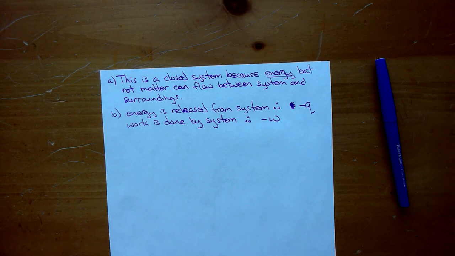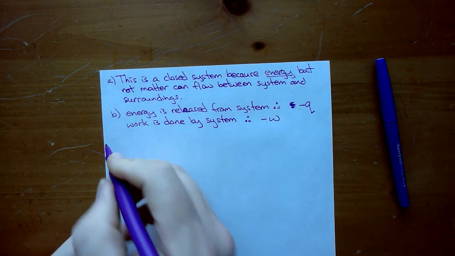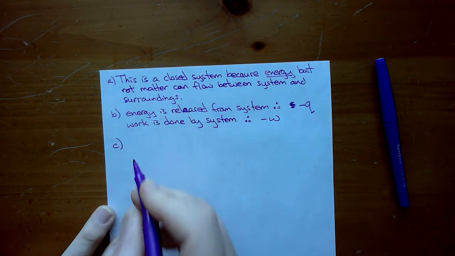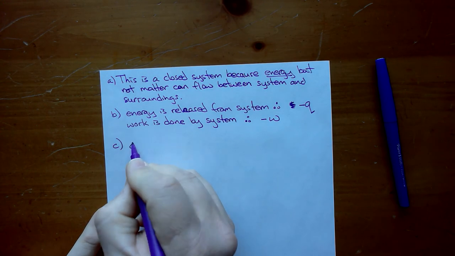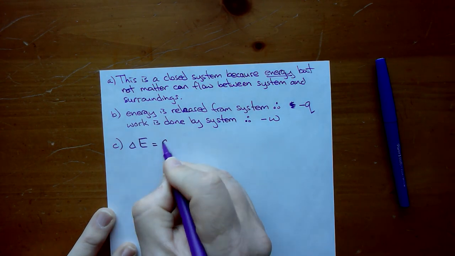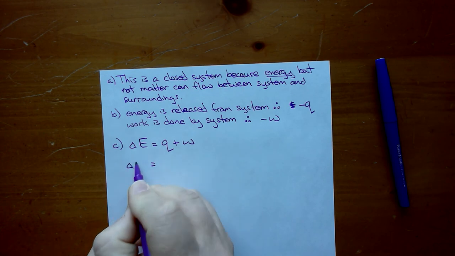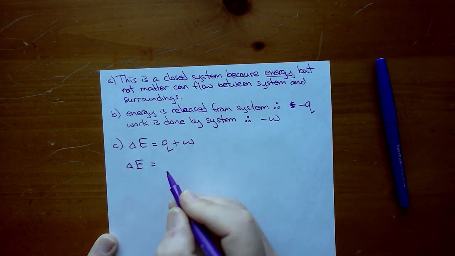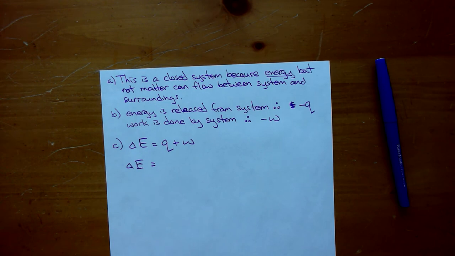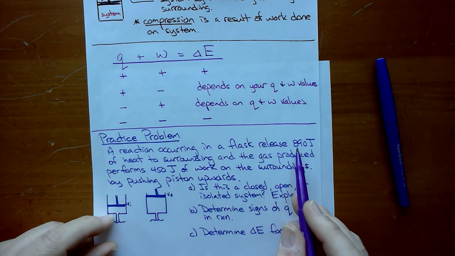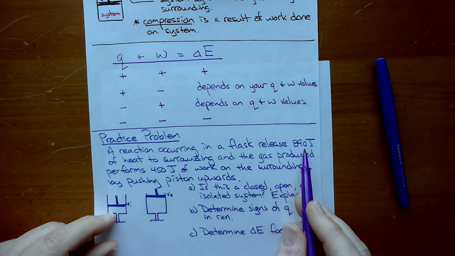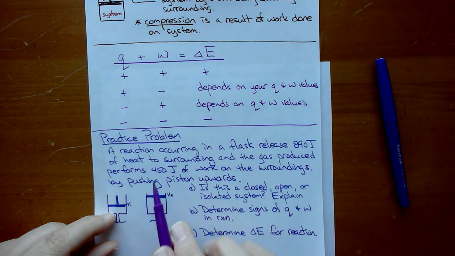And then the last is C, where delta E is equal to Q plus W. So delta E is equal to, and in this case, remember, the heat was 890 joules and the work was 450.